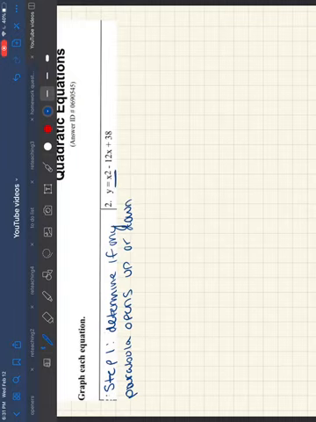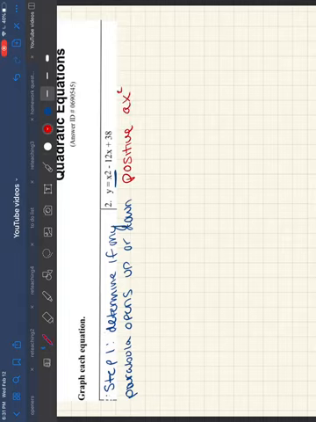And since we have a positive ax squared, it means it will open up.